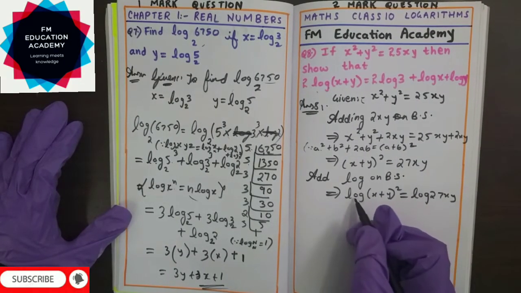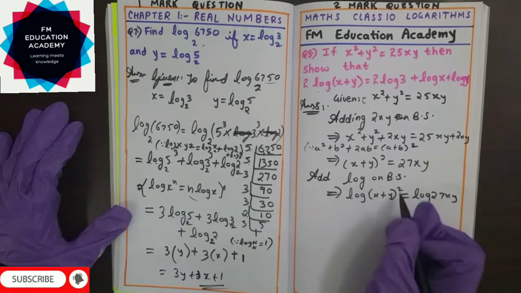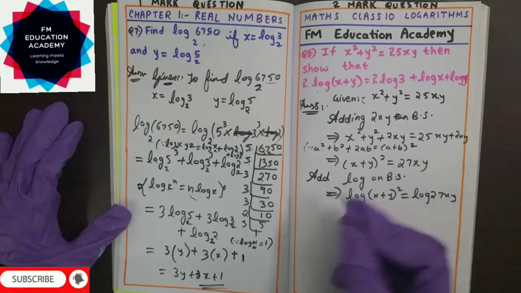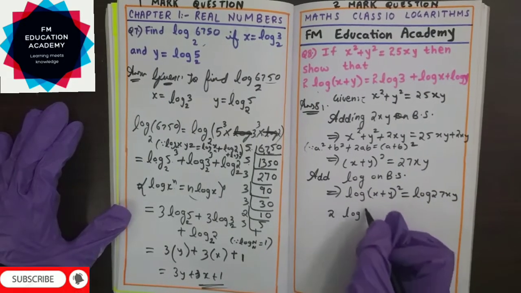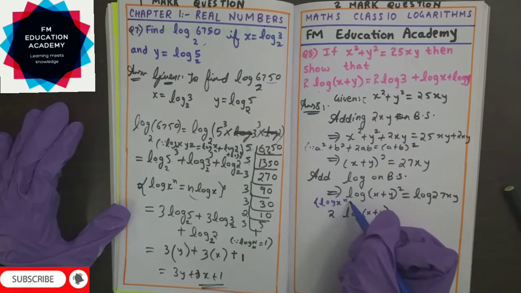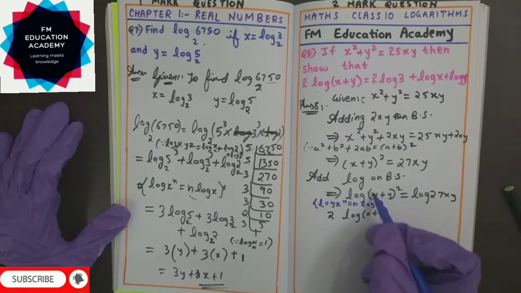Now observe, this is again of the form log x power n, assuming x plus y as x. So log x power n is n log x. So n here is 2 and x is x plus y.